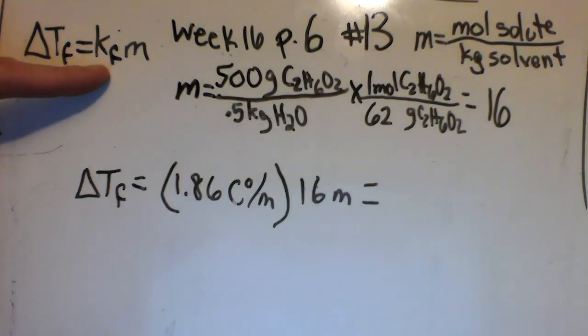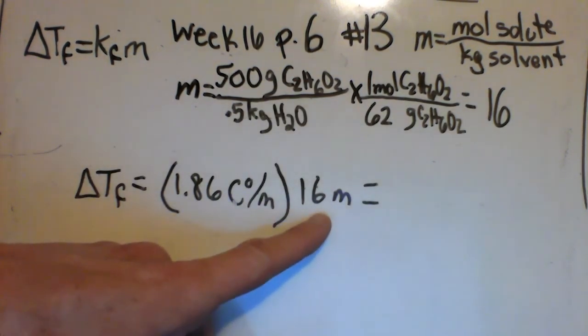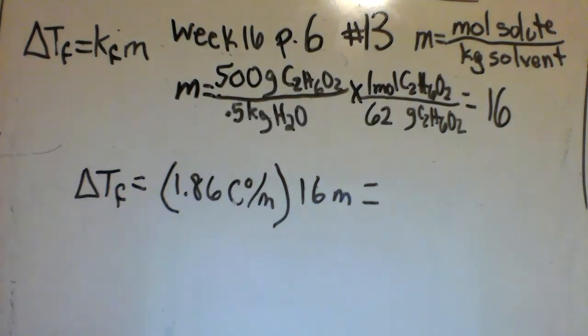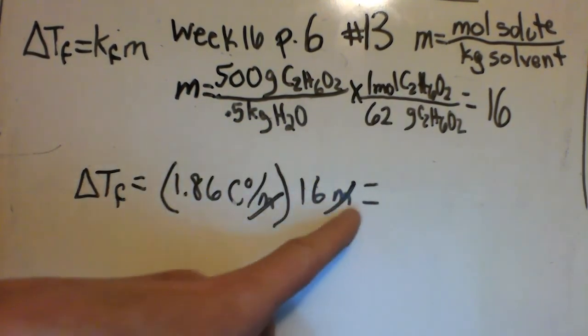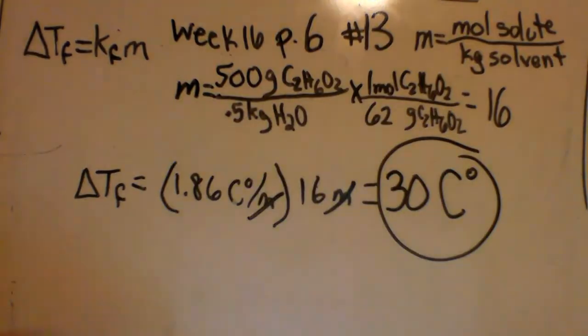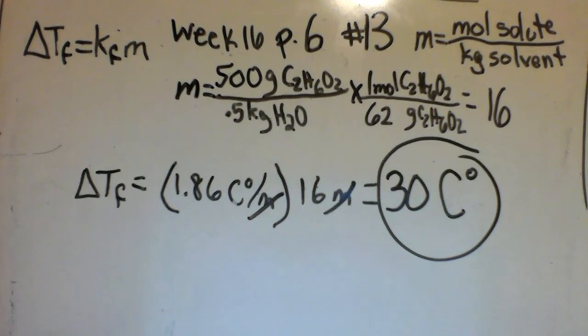We substitute 1.86 Celsius degrees per molal for the freezing point depression constant. We just found out that the molality is 16. Molal units cancel, and we multiply. The answer comes out to be that the freezing point depression of the solution is 30 Celsius degrees.